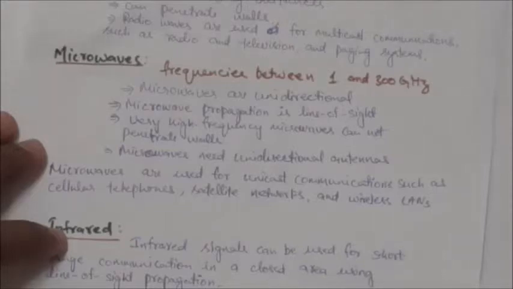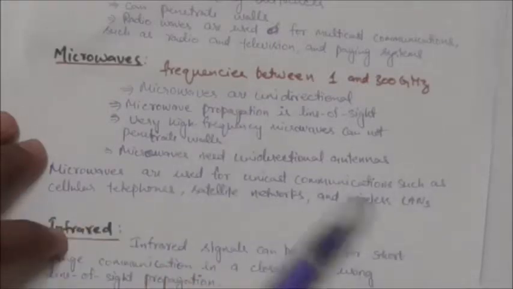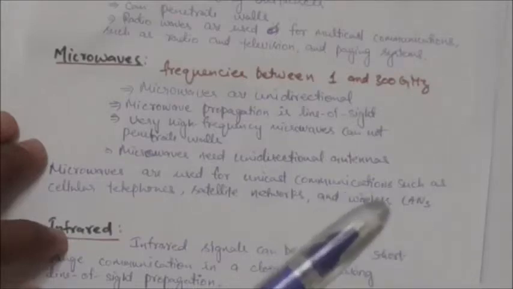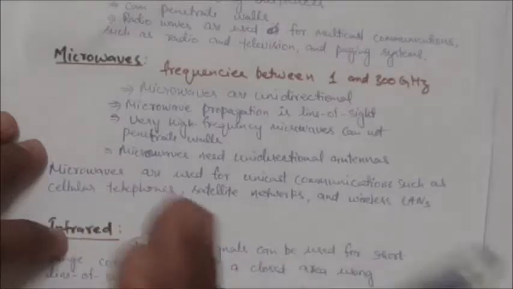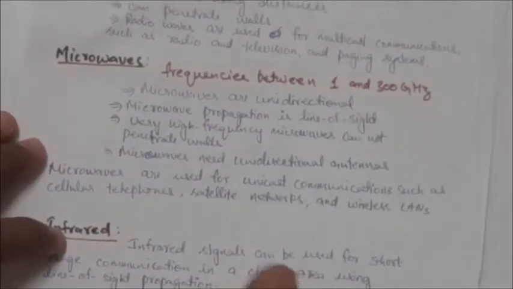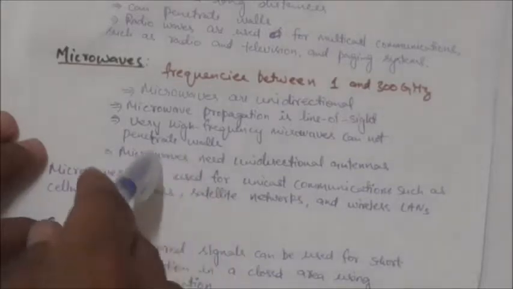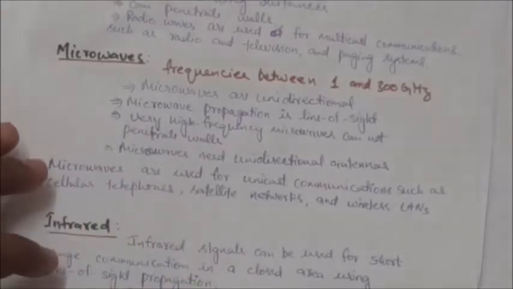Since the towers with mounted antennas need to be in direct sight of each other, towers which are far apart need to be very tall, right?